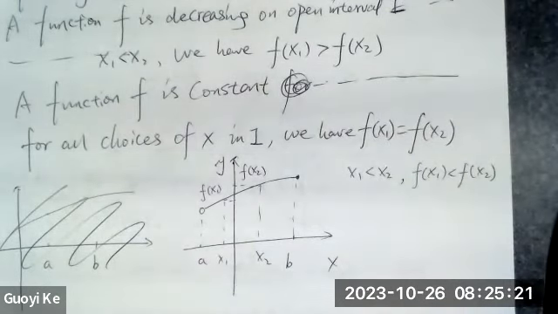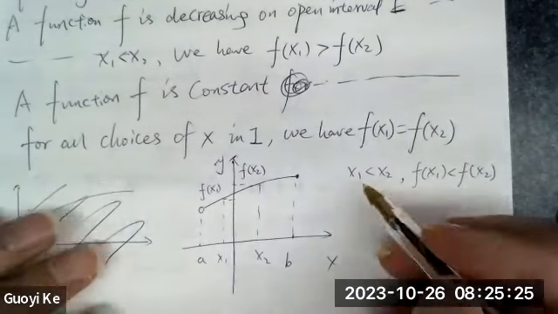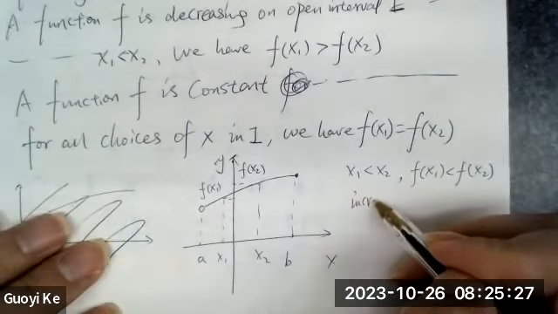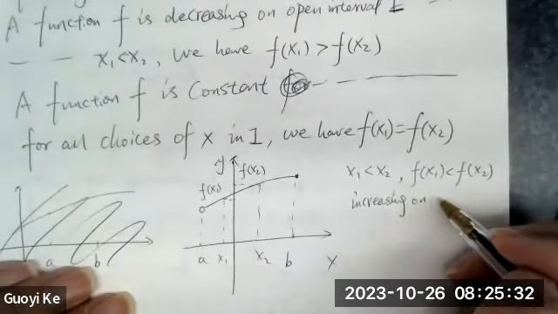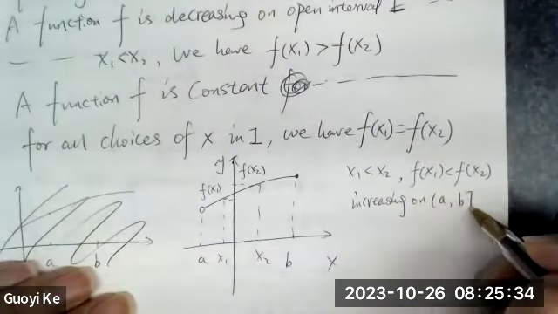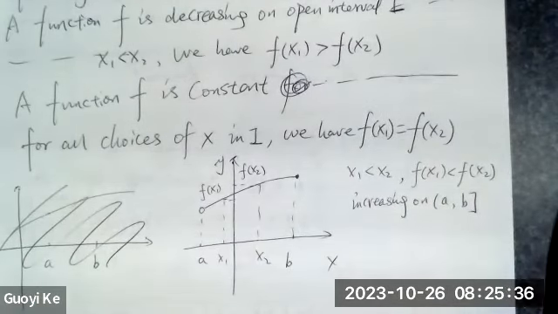So that means the curve is increasing on A to B. Because here I randomly picked x1 and x2, we can see the curve is increasing.